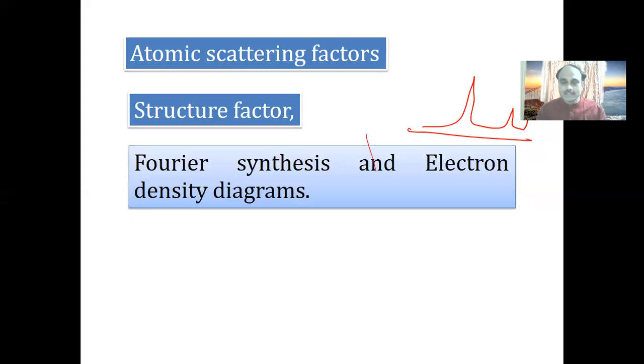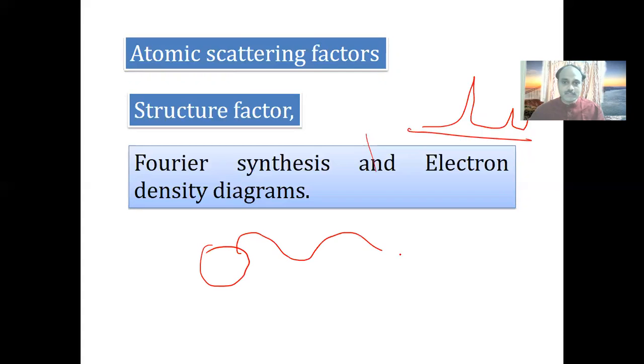since there are different types of atoms in a crystal, in a unit cell, we have to collect these atomic scattering factors, and together we can deduce the structure by the structure factor method. When you have the structure factor method, then we can subject it to Fourier synthesis analysis, because of the waves scattered by different atoms.